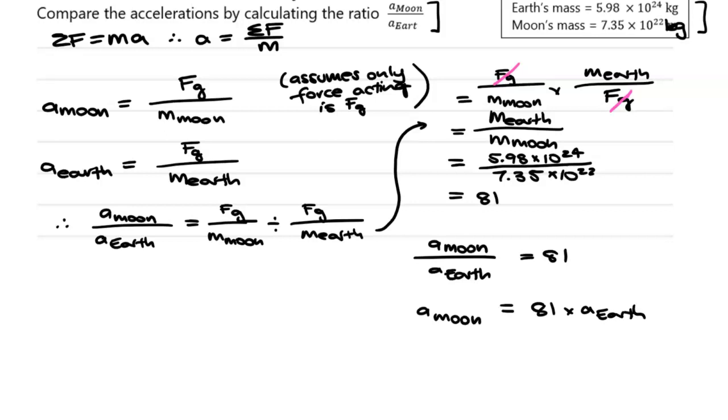And that's why the moon orbits the Earth, whereas the Earth wiggles a little bit in response to the moon's effect of the force. So that's a really nice way of comparing them. You can think of it as the acceleration of the moon is 81 times the acceleration of the Earth.